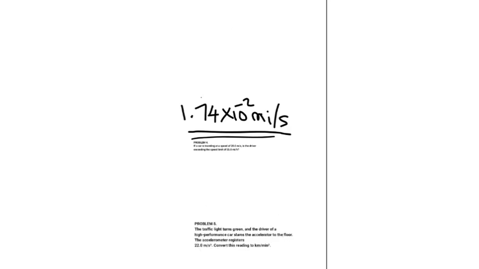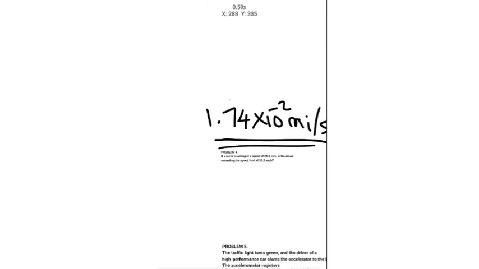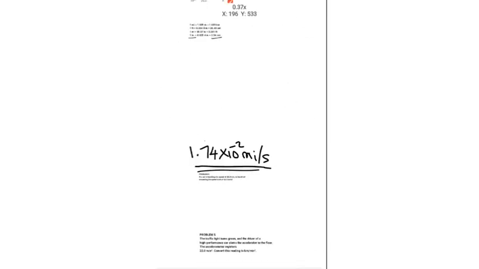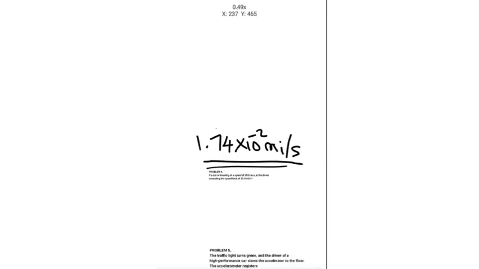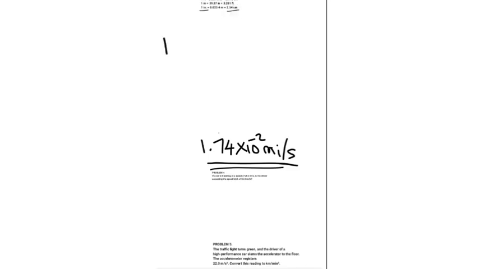So let's try to convert this second here into an hour so that we can have the mile per hour as well. So how can we do that? So we know that we have 1.74 multiplied by 10 power negative 2. Okay, we have miles per hour.